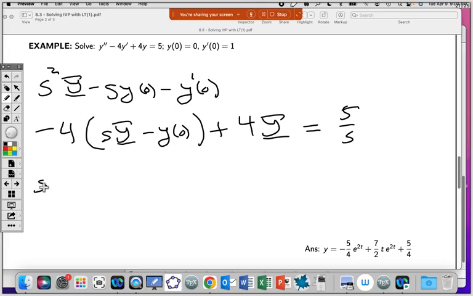So this will give us s squared capital Y minus sy of 0. Now for us, y of 0 is 0, so that's going to completely cancel that out. Minus y prime of 0, which is 1.